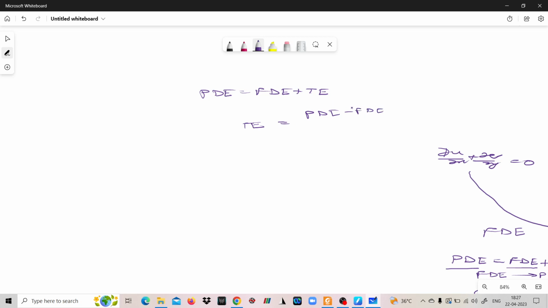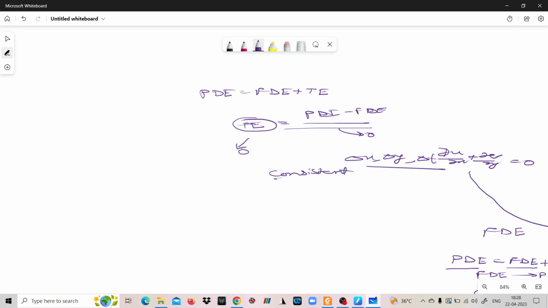So if your truncation error is PDE minus FDE, it means that as your truncation error tends to 0, PDE minus FDE should tend to 0, based on this delta x, delta y, and if it is a time marching problem, then delta t. So you check, and if you check, you will definitely find that this is consistent.